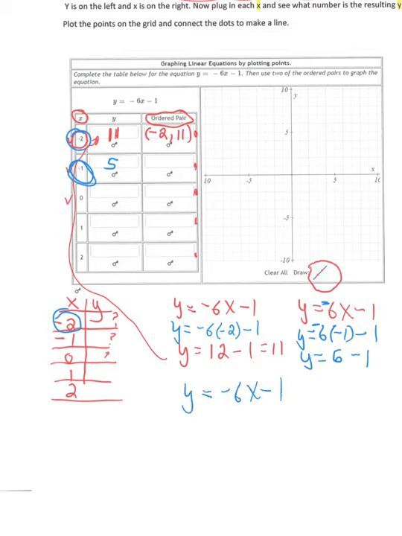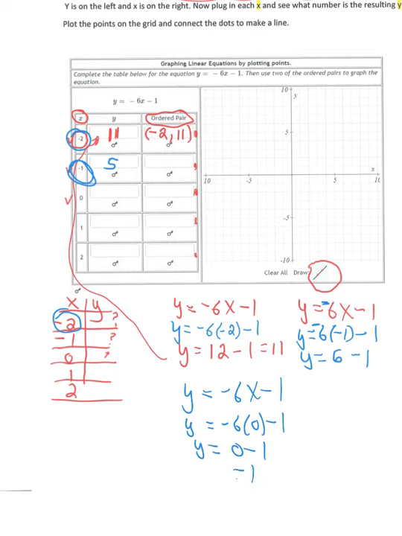Remember some stuff we learned about x-intercepts and y-intercepts, coming up on the next page: when you plug in x equals 0, we get a special condition. We get the y, or the vertical intercept. So negative 6 times 0 minus 1 gives y equals 0 minus 1, which is negative 1.